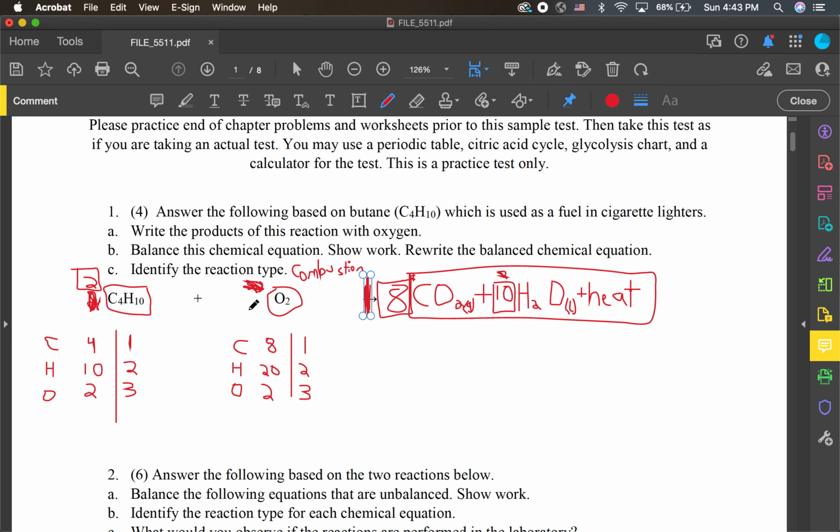But that doesn't mean we put 26 here because this is O2. So we have to do 26 divided by 2 equals 13. 13 over here.